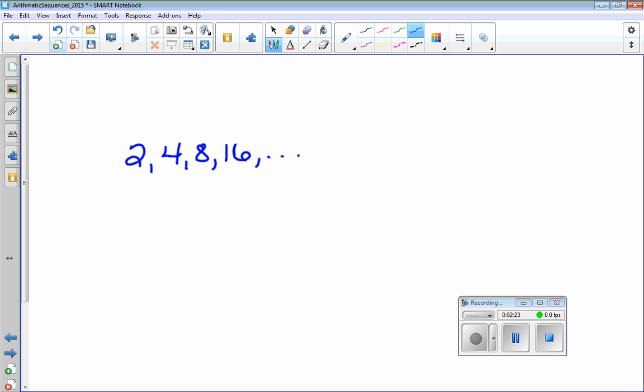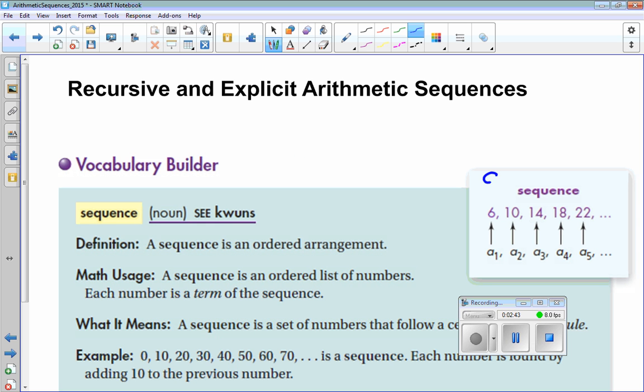You're multiplying by what number? 2. That's called a geometric sequence, okay? So geometric is when you're multiplying by the exact same number, and arithmetic is when you're adding the same number. So this would be considered a geometric sequence. And the one we did before over here would be arithmetic because you had the common difference.